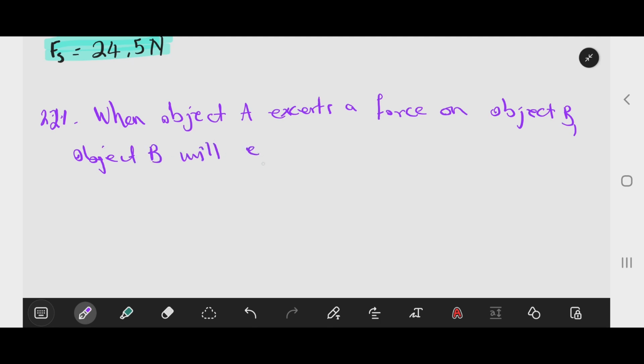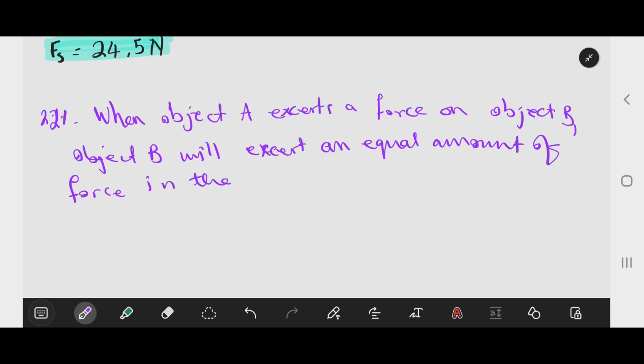will exert an equal amount of force in the opposite direction. And remember, when object A exerts a force on object B, this object B will exert an equal amount, and that happens simultaneously.